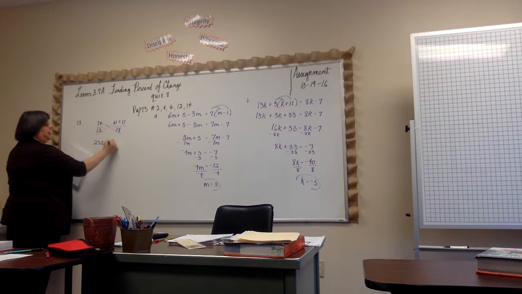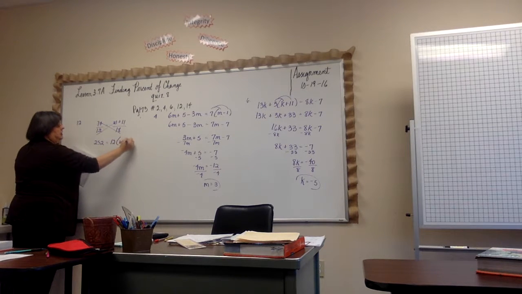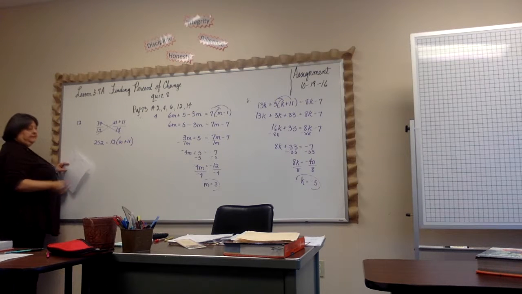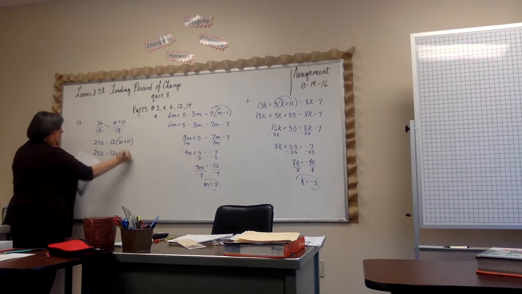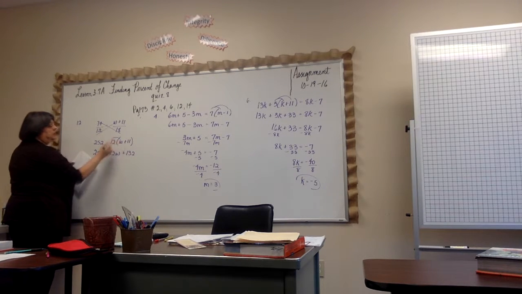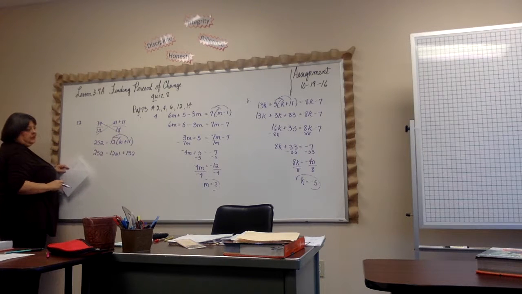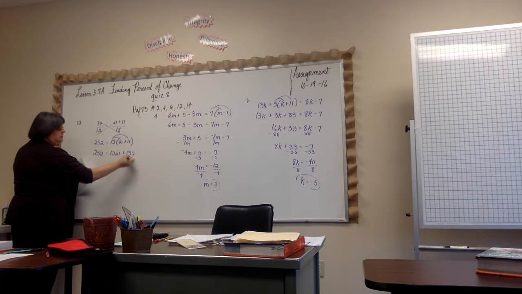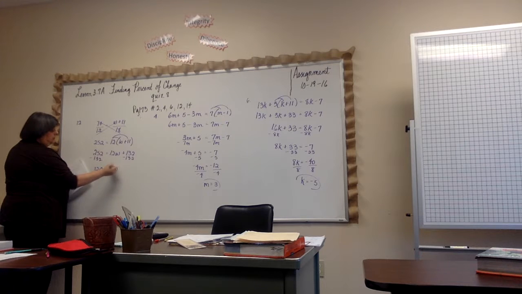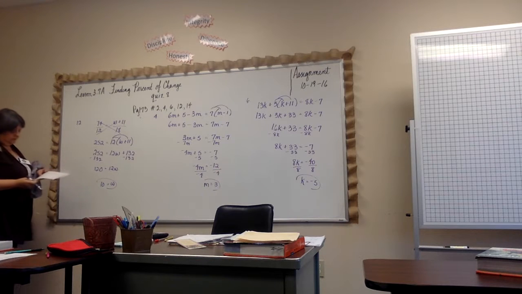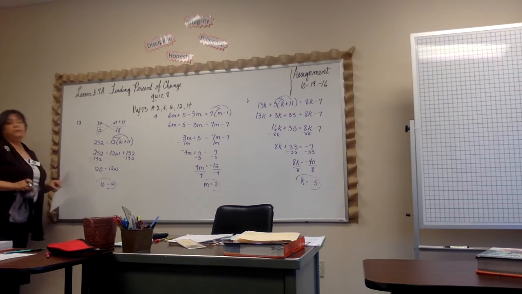When we cross up, we have 12 times W plus 11, and I'll do that distributive property. 12 times W, 12 times 11. 12 times 11 is 132. Then we'll subtract. Just do a 2-step cleanup. And when we divide by 12, the answer comes out 10. Question on that one?